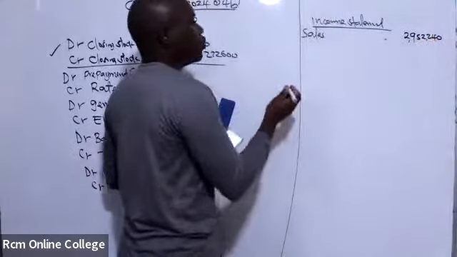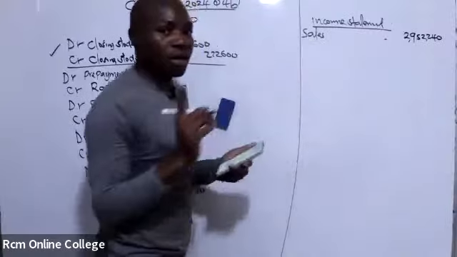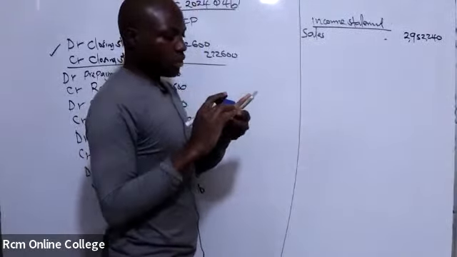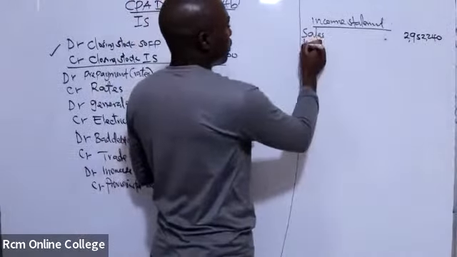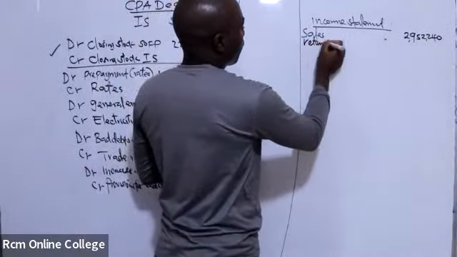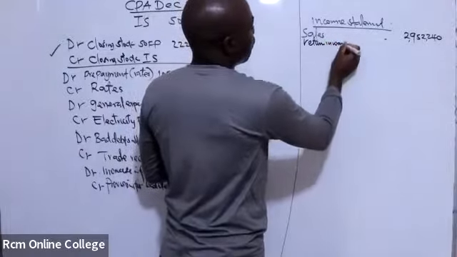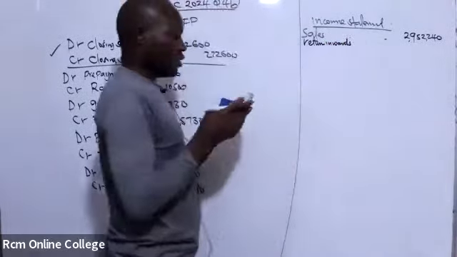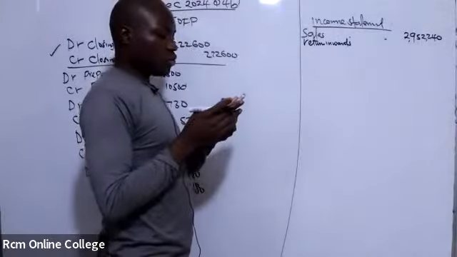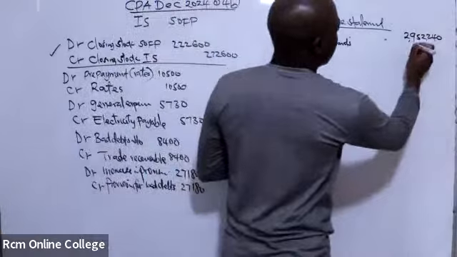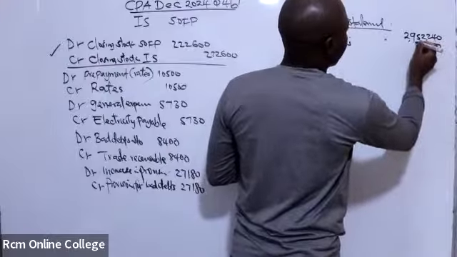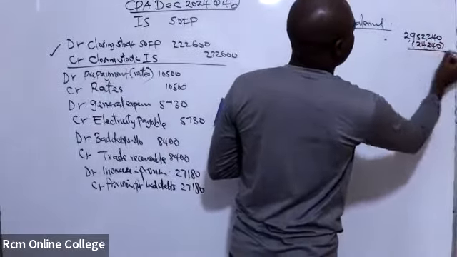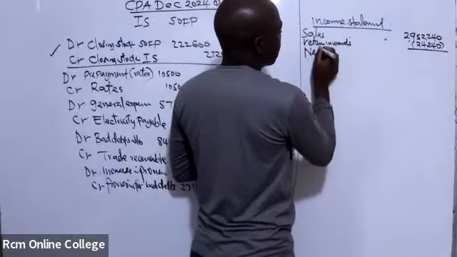To the sales, do we have return inwards? Return inwards will be affecting our sales. I can see return inwards are there. So return inwards reduces the sales. Return inwards is equal to 24-40. So when we less the return inwards, it gives us net sales.